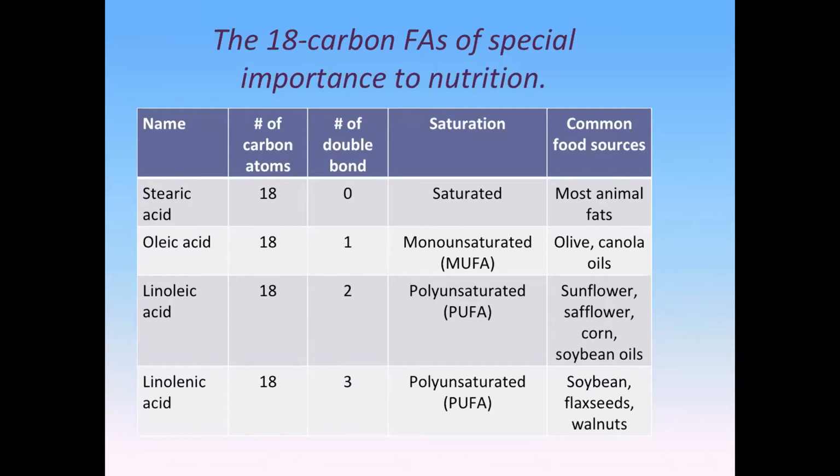When we say poly, it means it has more than one double bond. When it has 2 double bonds or more, we call it polyunsaturated, and we can find it in vegetable oils like sunflower, safflower, and soybean oil. And we have linolenic acid, which is also unsaturated, but it has 3 double bonds, and it's found in soybean, flax seeds, and walnuts.